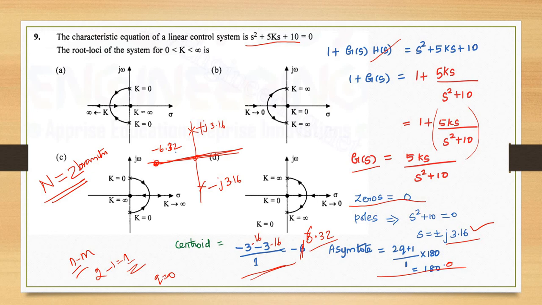One branch is ending at the zero and another one is ending at infinity. One is terminated at 0 and another one is terminated at infinity. Okay, option A is the correct answer.